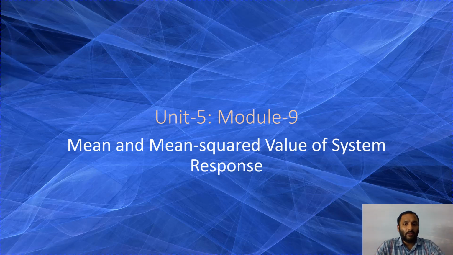It is a convolution between the input x of t and the unit impulse response of the system h of t. Now, today we are going to study some of the properties of the mean and the mean square of the response of such a system.